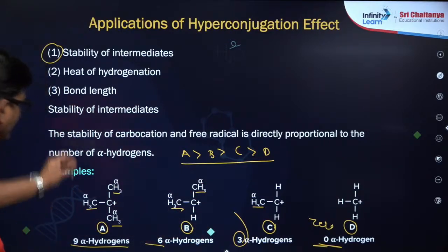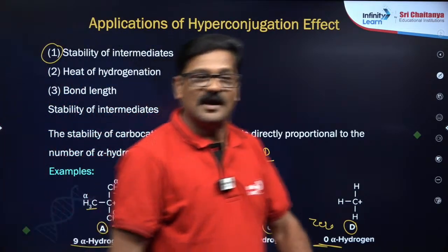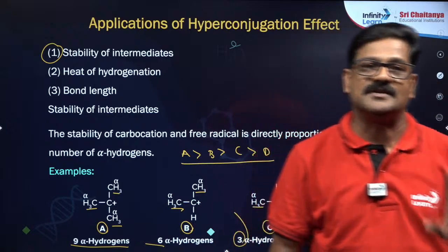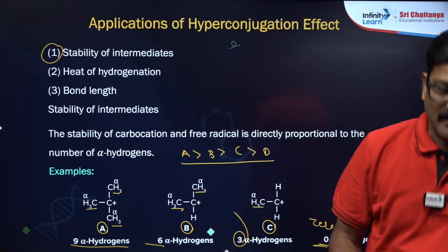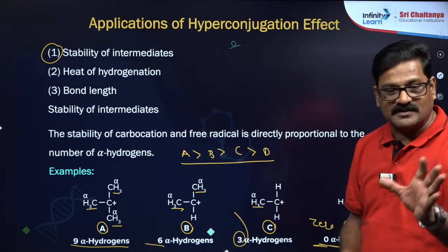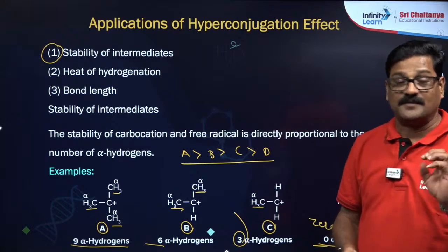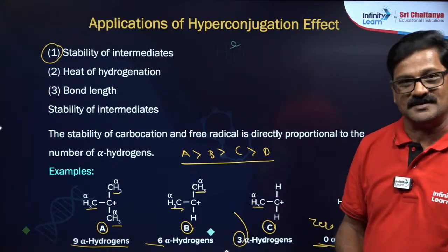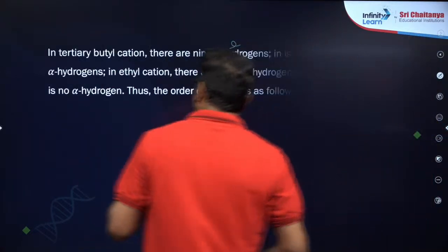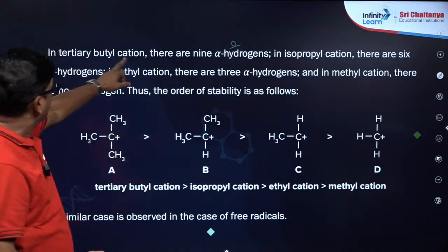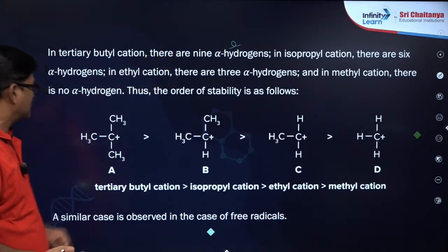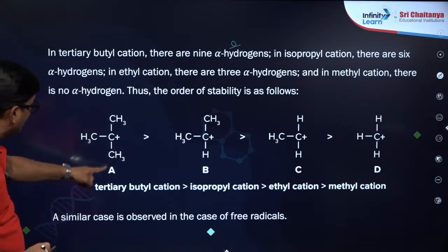That is how simply you can answer these questions. In any examination where a structure is given, simply pick the number of alpha hydrogens and give the order. That's it. Now, a tertiary butyl carbocation has 9 alpha hydrogens. This is the tertiary butyl carbocation.